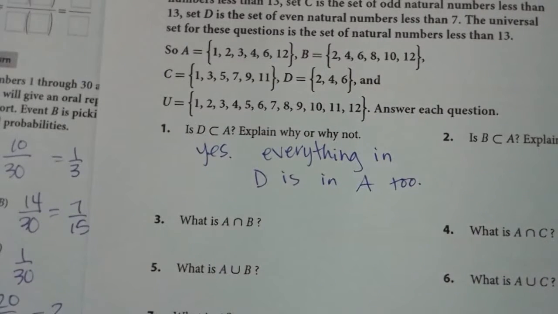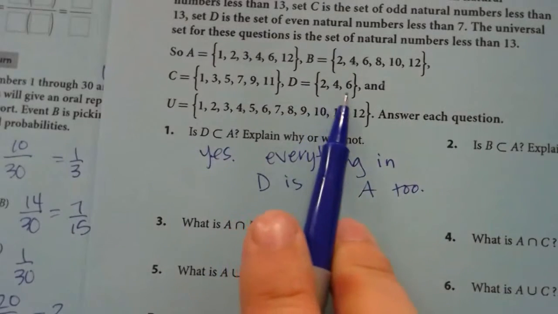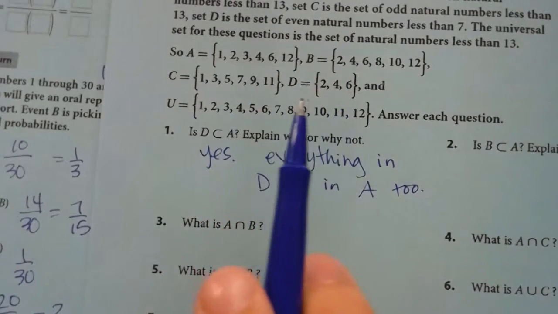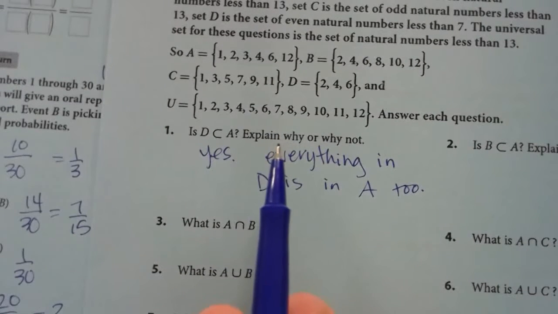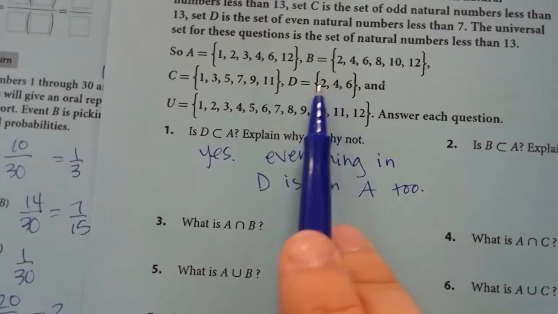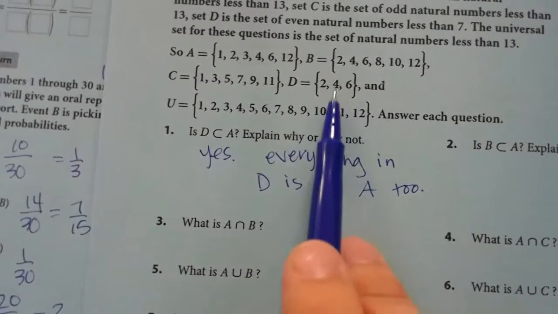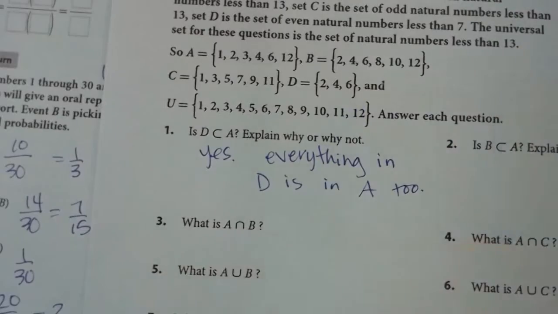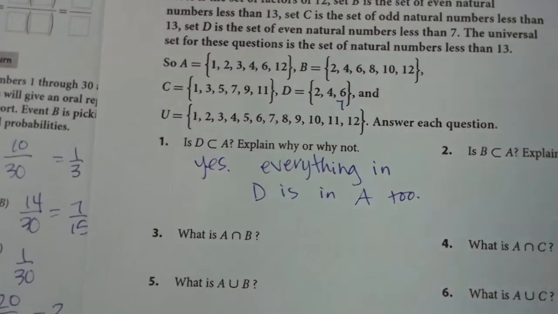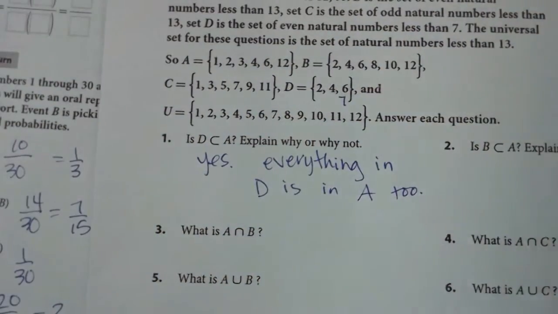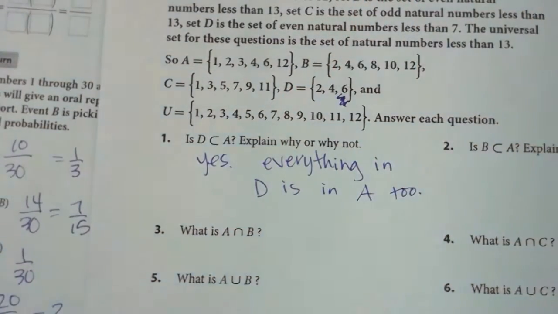So it has to be the same numbers that are in it? Correct. Everything in D has to also be in A. So if D has anything extra, if D had, say, a 7 also included in that set, then I would say no because the 7 is not on that list. Yeah. Every single one of them.